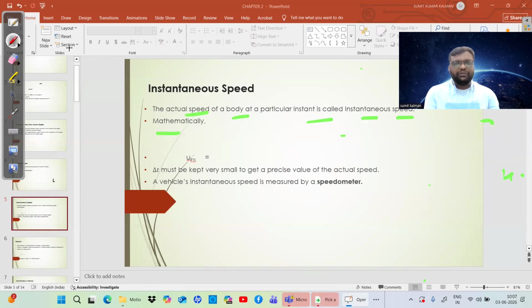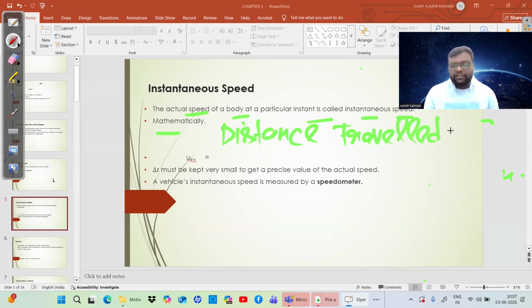It is equal to distance traveled in a short time.